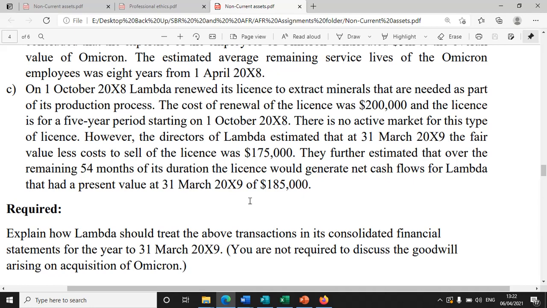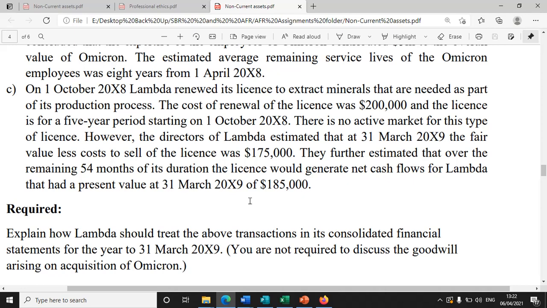However, the directors of Lambda estimated that at 31st March 20X9, the fair value less cost to sell of the license stood at 175, meaning that we might have an impairment loss here. They further estimated that over the remaining 54 months, which is about 4.5 years, the license will generate net cash flows with a present value of about 185. How do we go about that?